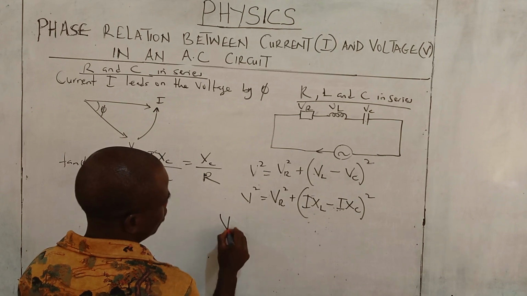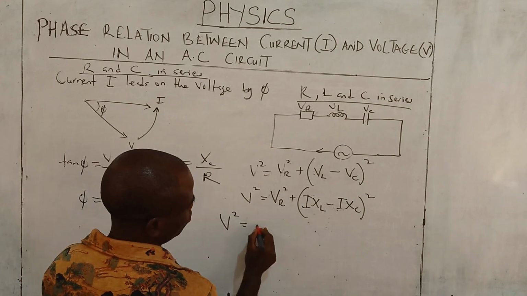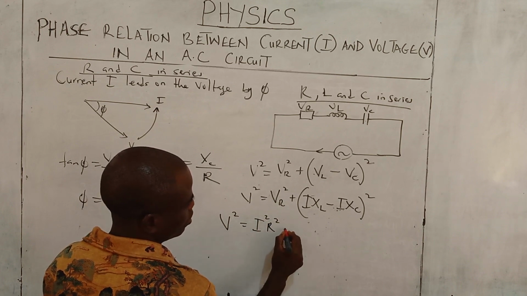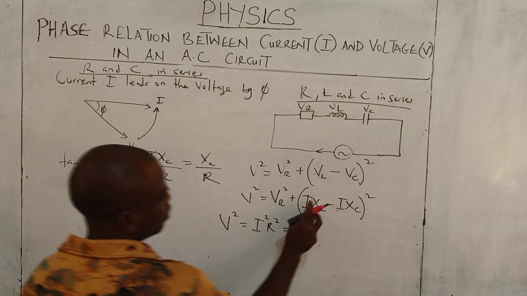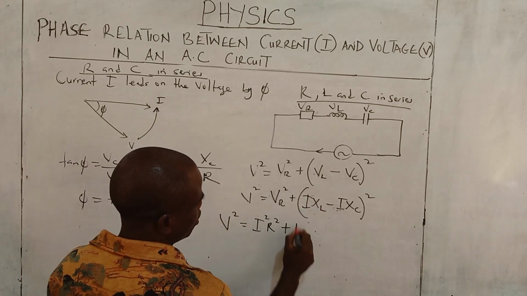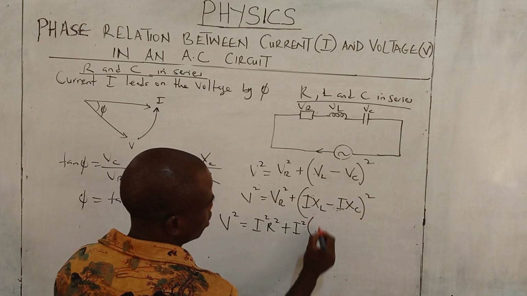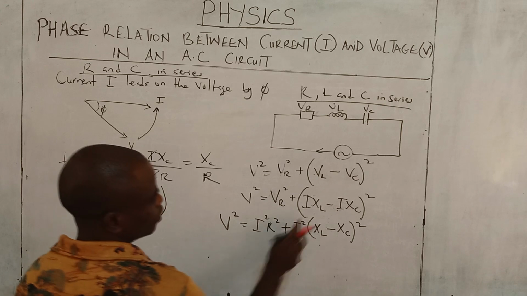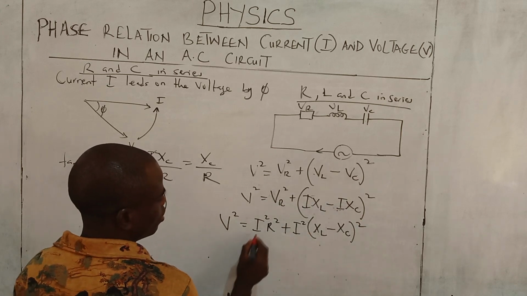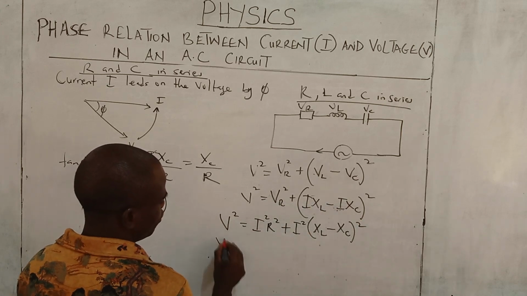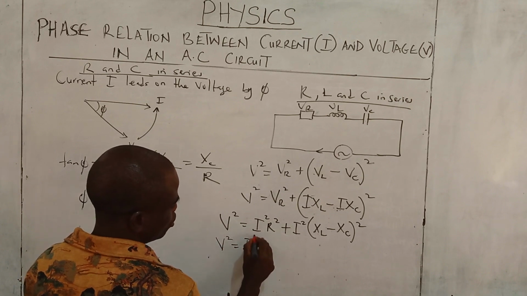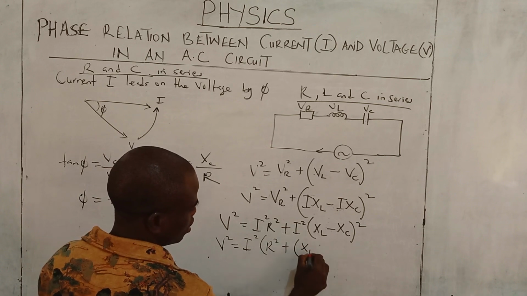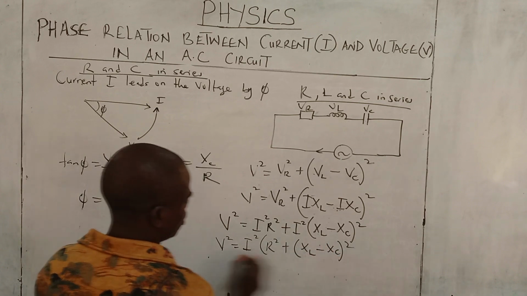Now you have V squared equals I squared R squared plus I squared XL minus XC squared. Now you can factorize I out. V squared equals I squared into R squared plus open bracket XL minus XC squared.